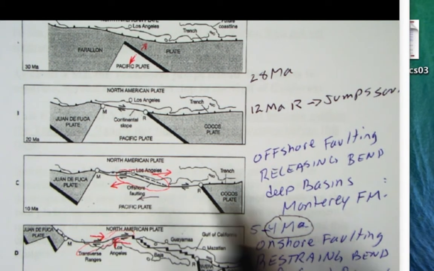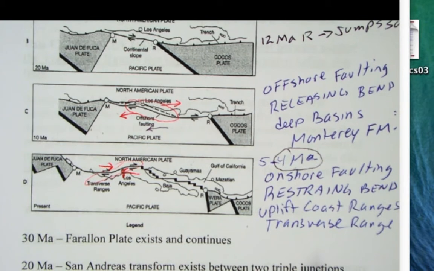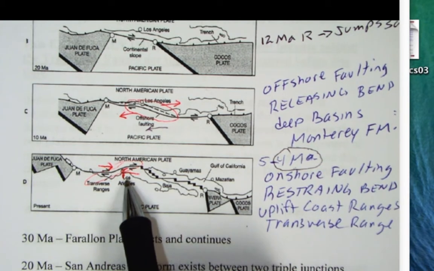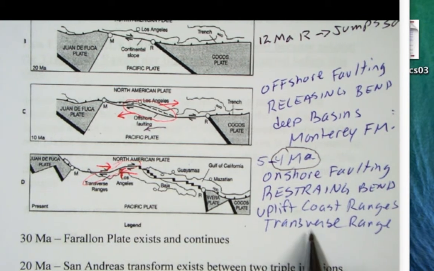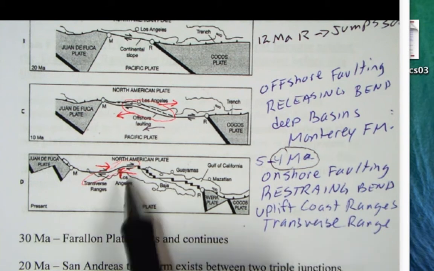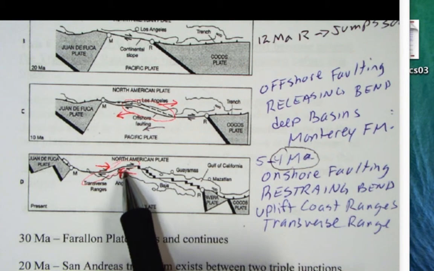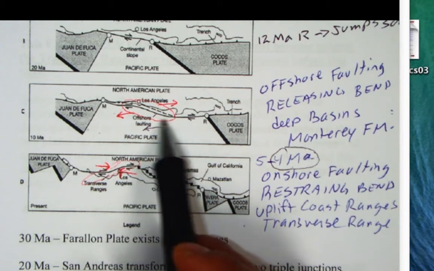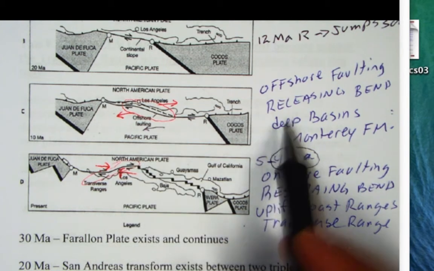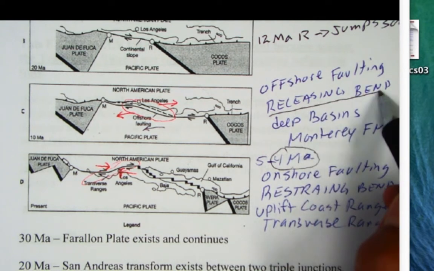And then at about 4 million years, it moves eastward to basically what I call onshore faulting over here. And the onshore faulting resulted in this big bend. And this big bend results in compression. Remember, back here we have a bend called a releasing bend. And so the releasing bend here results in tensional stress.